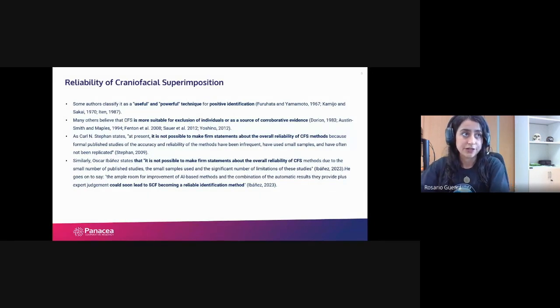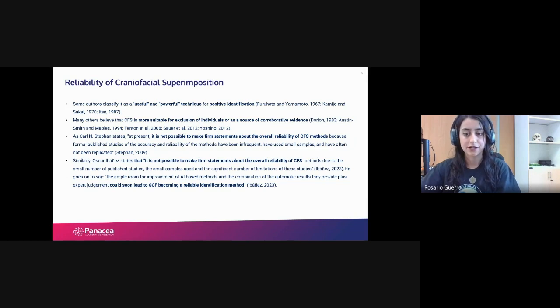But what we have been observing with these studies is that there is a really big room for improvement with the introduction of AI-based methods, and these could soon lead to craniofacial superimposition becoming a reliable identification method, maybe even a primary identifier. And well, I will list some of the main studies about reliability in the next couple of slides.